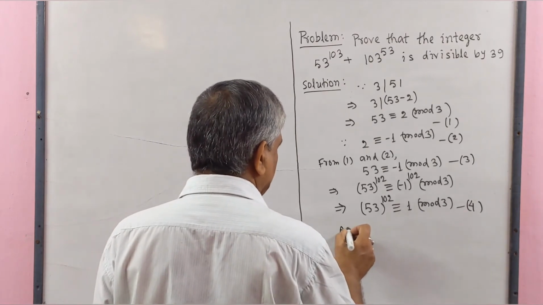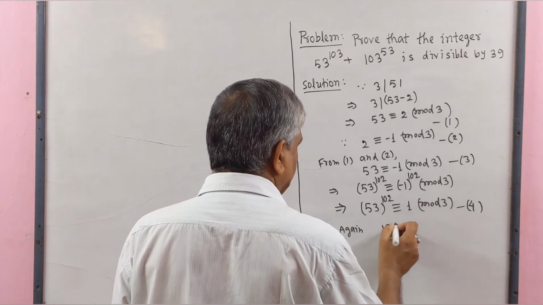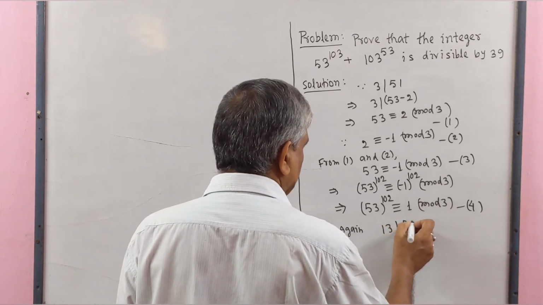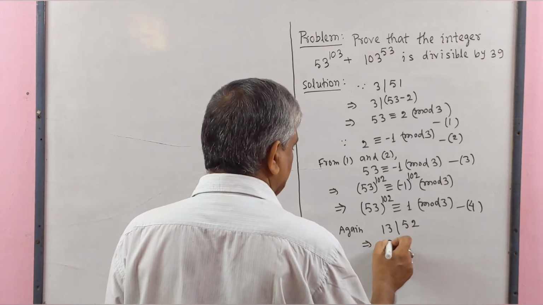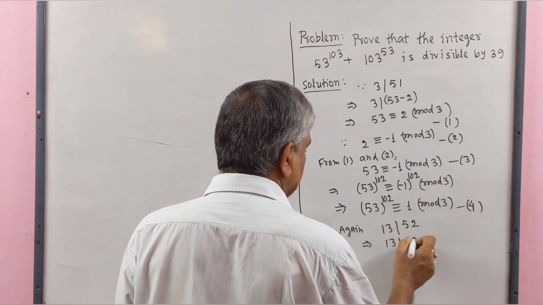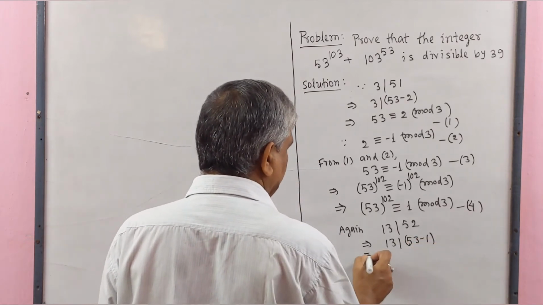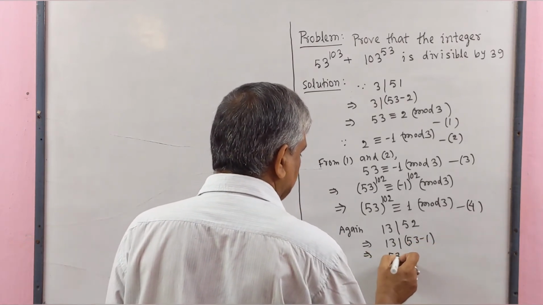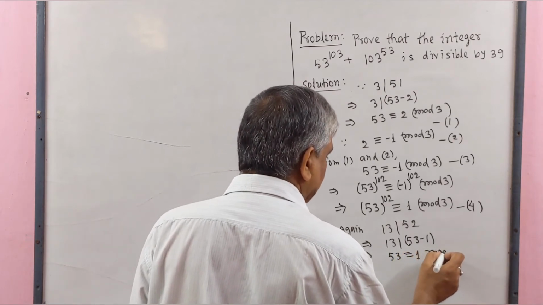Again, 13 divides 52 implies that 13 divides 53 minus 1 implies that 53 is congruent to 1 modulo 13.